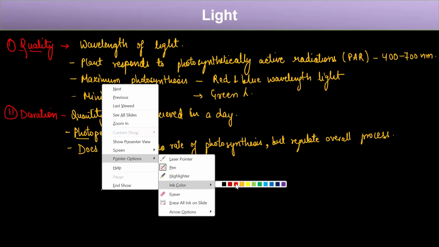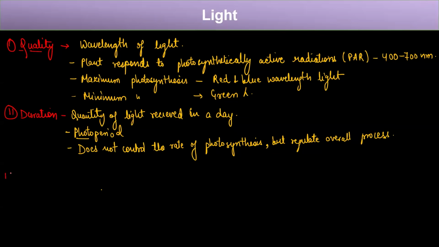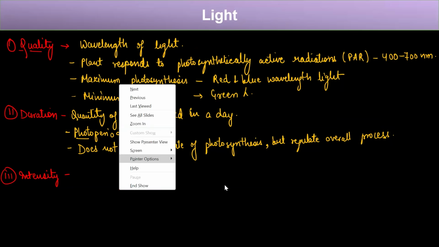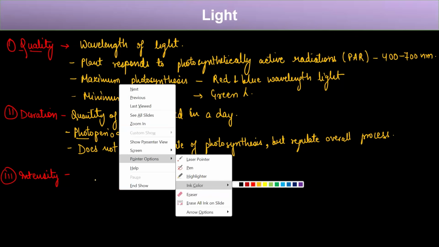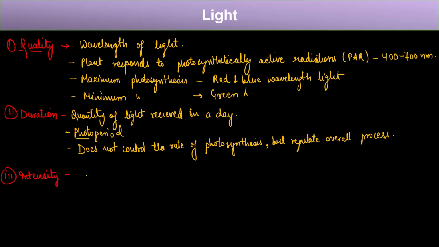Now, what is the third factor? The third factor is the intensity of the light. And this intensity regulates your rate of photosynthesis. So these two regulate the amount, but intensity controls the rate of photosynthesis.